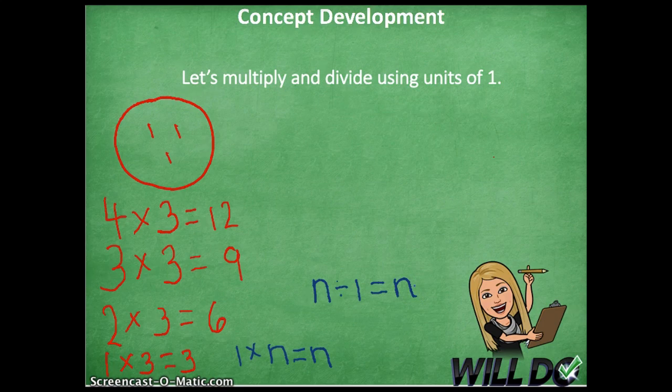So just like 1 times 3 equals 3, 1 times n equals n. And just like 3 divided by 1 is 3, we have n divided by 1 is n. It holds true with any number.